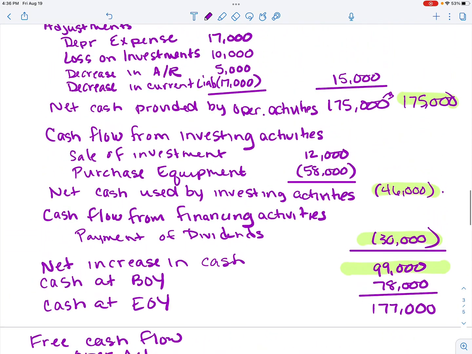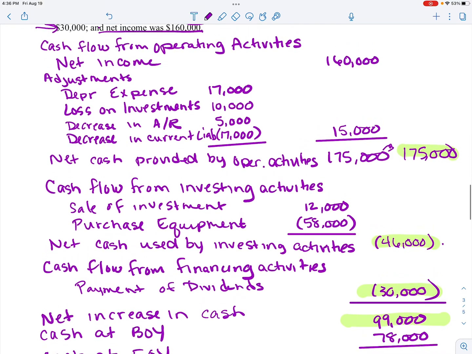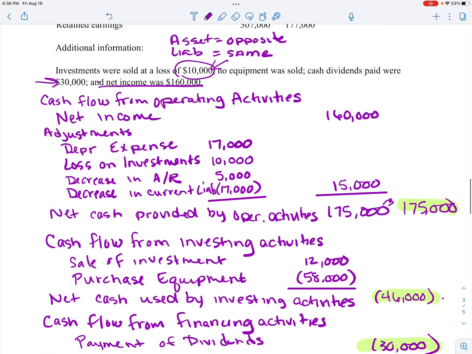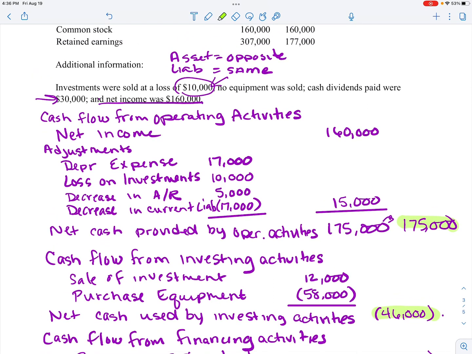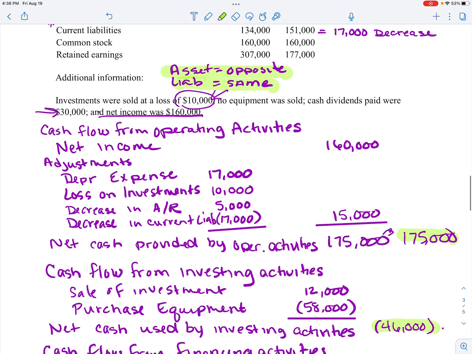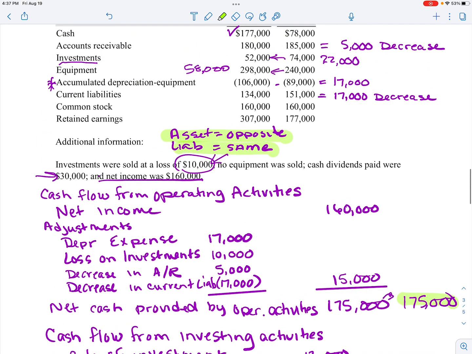All right, that was a lot to go through. I think it's easiest to take each section one at a time and remember the easiest way to do that operating activities is remember if it's an asset, you do the opposite, meaning that I had a $5,000 decrease, which means I'm going to add it.